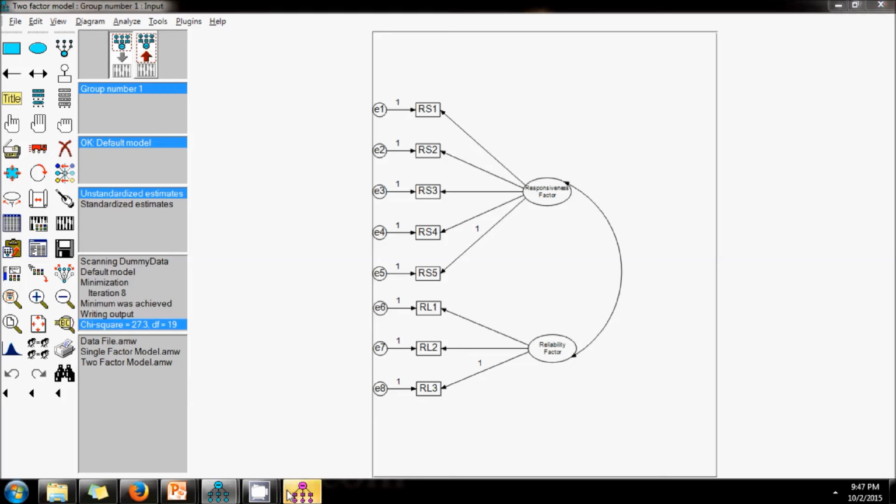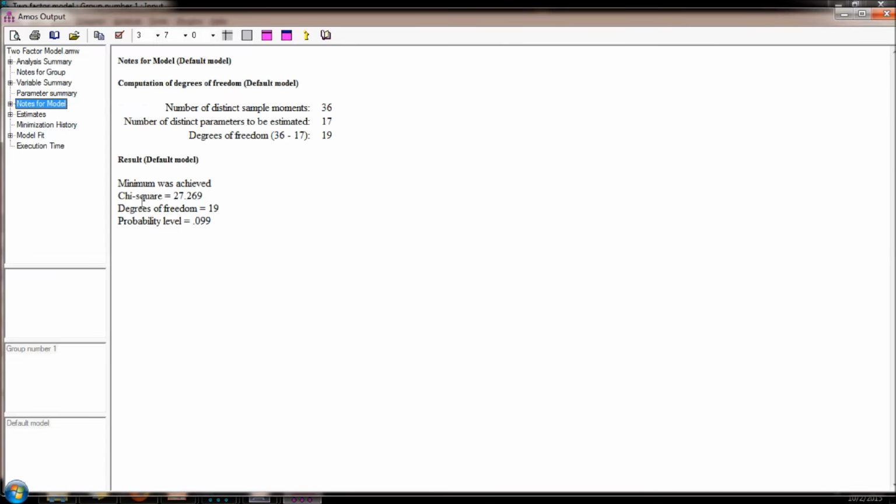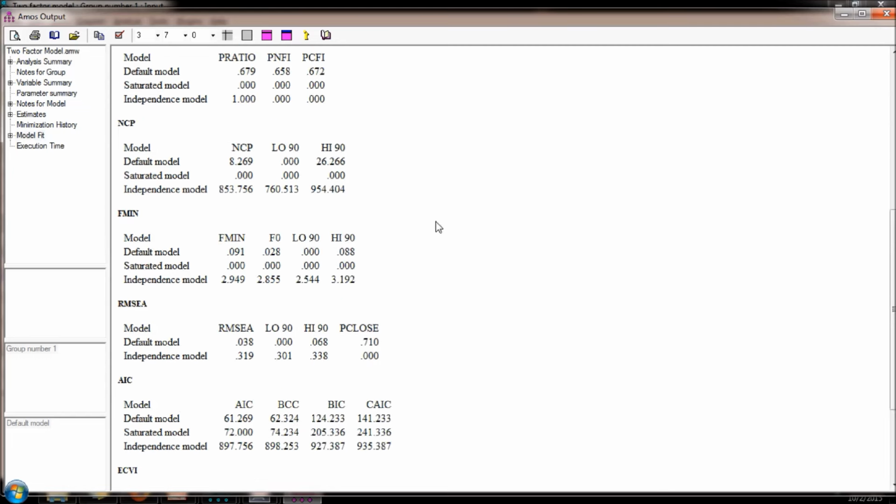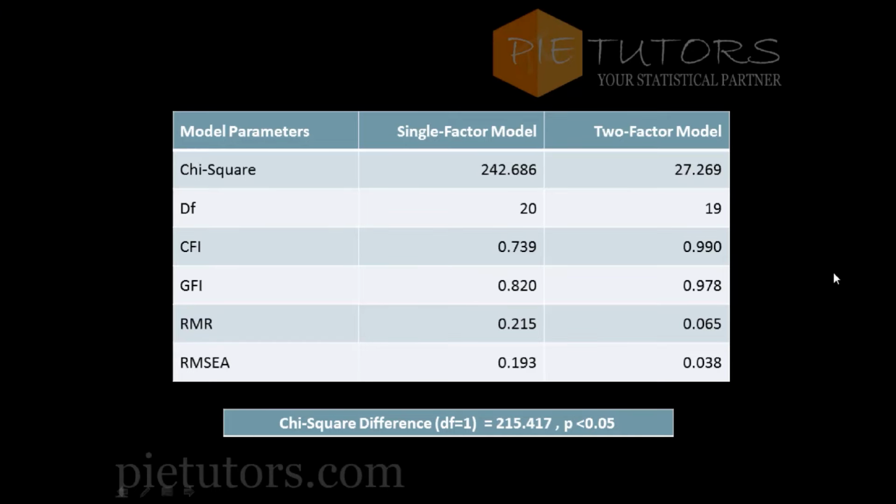Now if you look at the results, we can see that the chi-square value has now reduced to 27.269 and the degrees of freedom are 19. If we go and look at the model fit indices, we can see that the GFI value is 0.978, the CFI value is 0.990 and RMR value is 0.065. RMSEA value is 0.038.